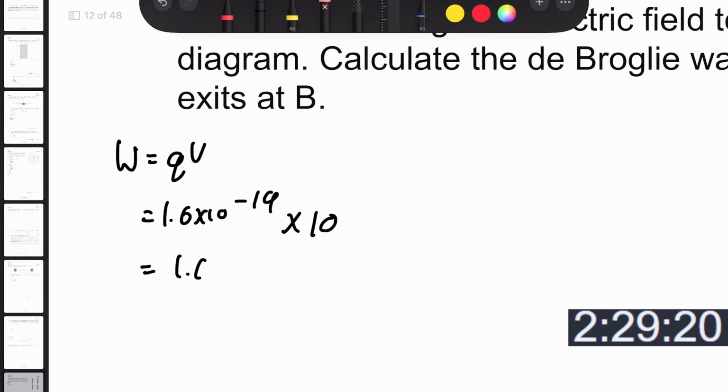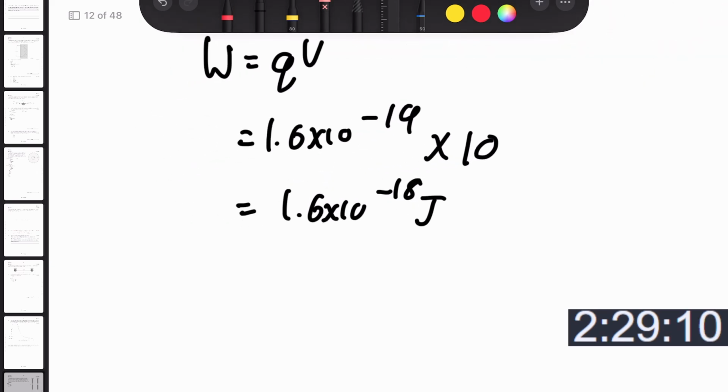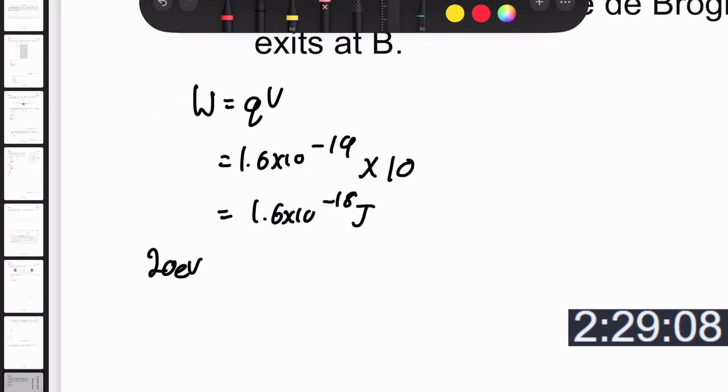So I'm going to get 1.6 times 10 to the negative 18 joules of energy. It already has 20 electron volts. So let's do 20 times 1.6 times 10 to the negative 19, which is 3.2 times 10 to the negative 18 joules.